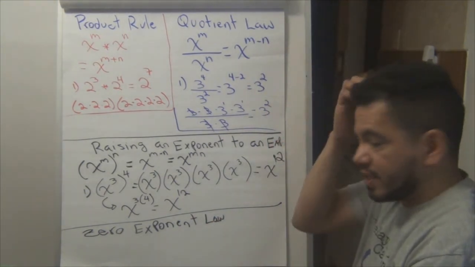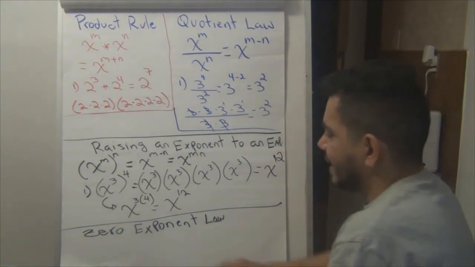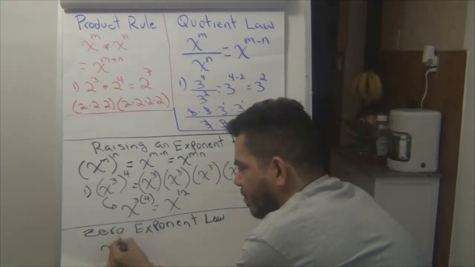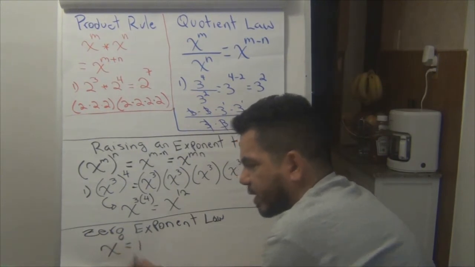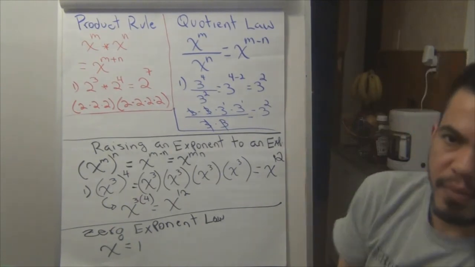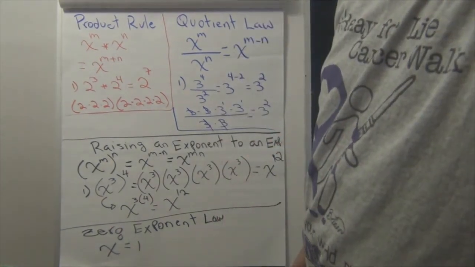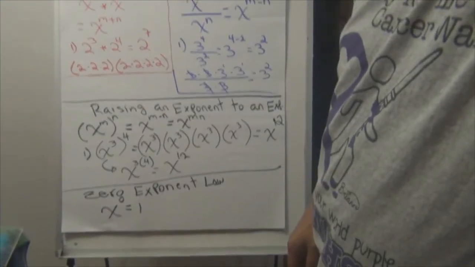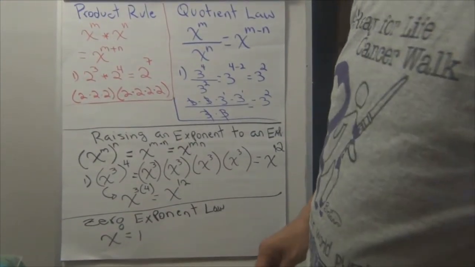Okay, hopefully you can see this. So look, it says that any number raised to the 0 power is equal to 1. What? Yeah, any number raised to the 0 power is 1. So how does that work?